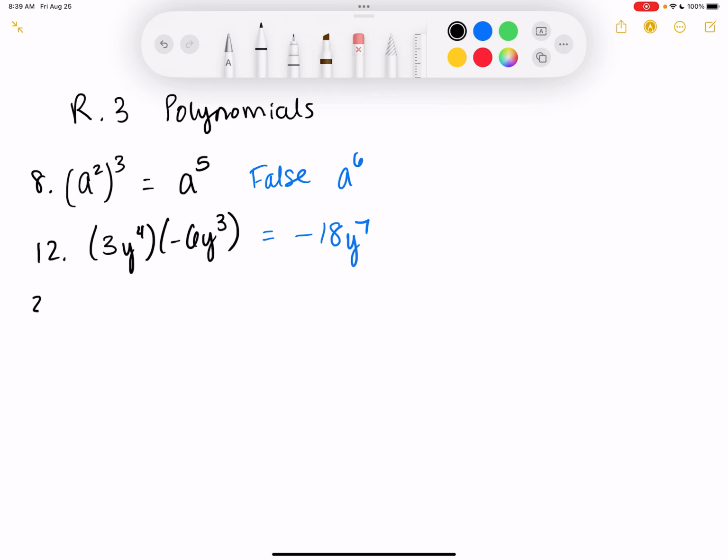Number 20. We've got negative 4xy cubed times 7x squared y. So any ideas what we get for this one?